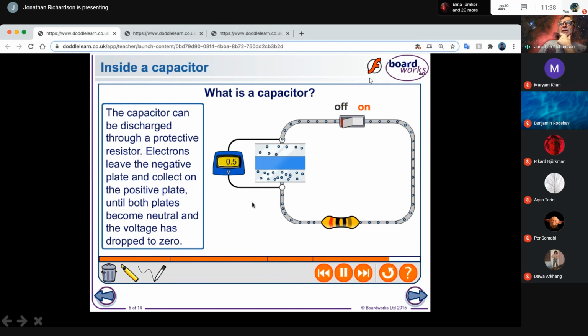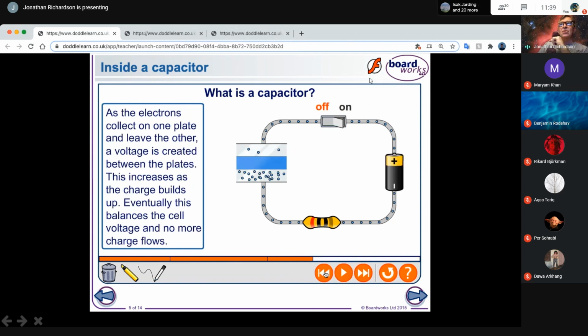Now what will happen is the electrons will leave this plate, they will travel in the opposite direction and travel back to the top plate. So now we have 0 voltage across that plate.